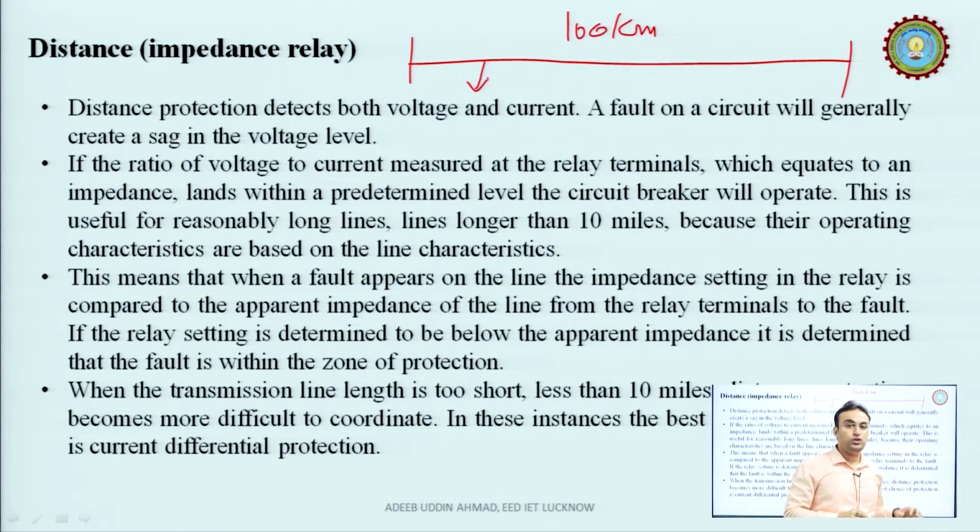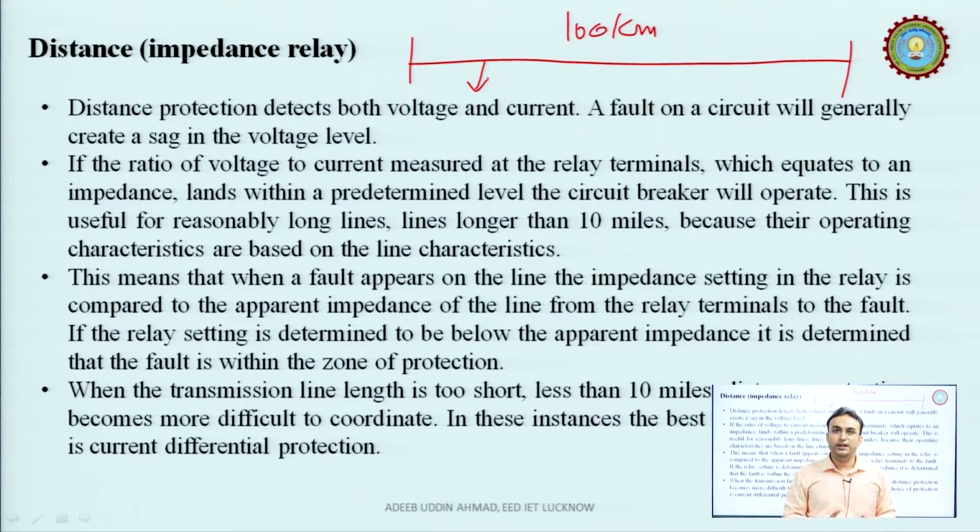We cannot check the whole transmission line, because it has a long length, and we do not want to waste our time. That is why we opt for a type of protection that basically depends upon the length of the transmission line. That is called the distance or impedance protection.